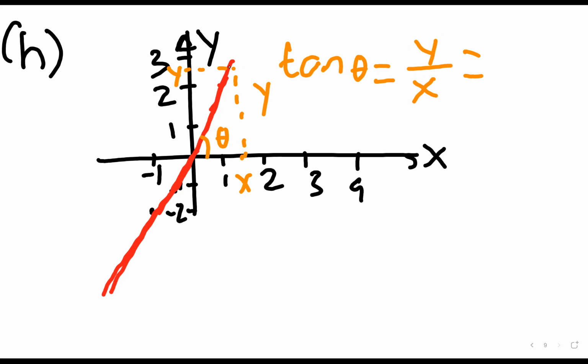Looking at this triangle, tangent theta equals y over x. Since y equals 2x, 2x over x is 2. So the tangent of theta is 2.